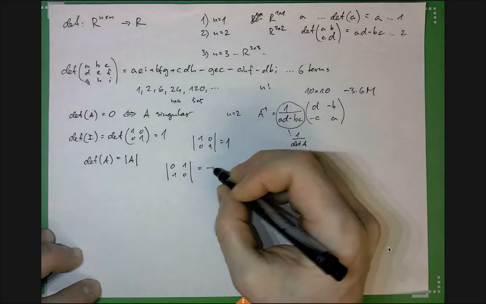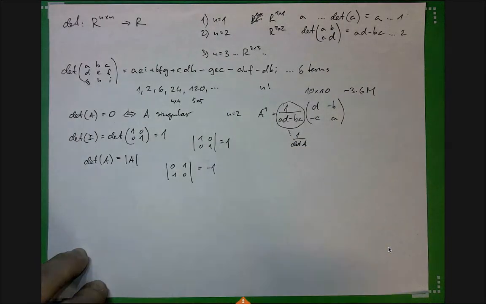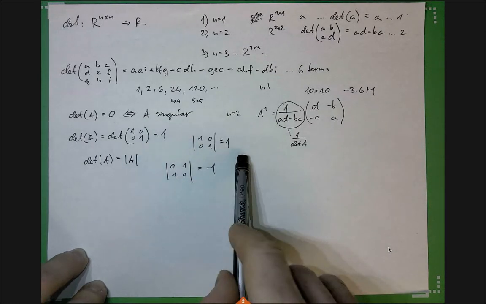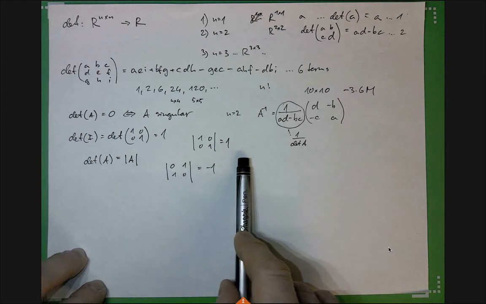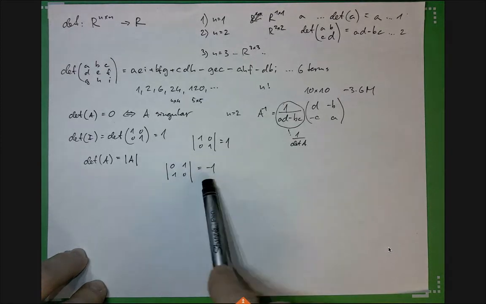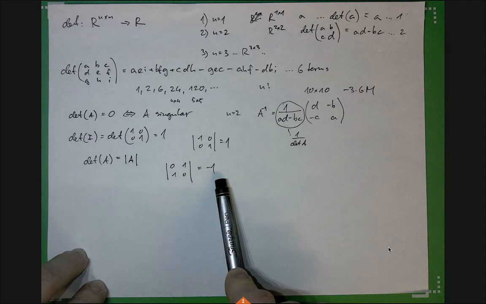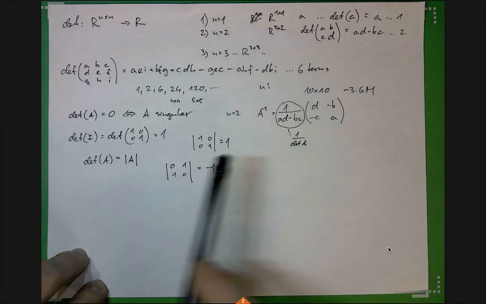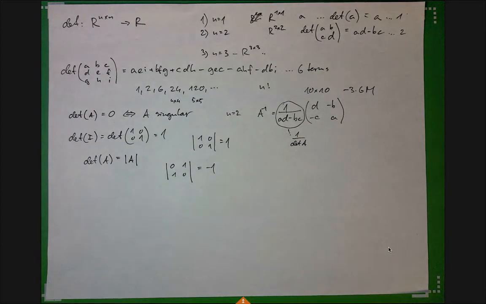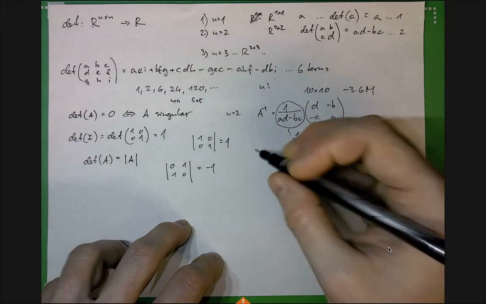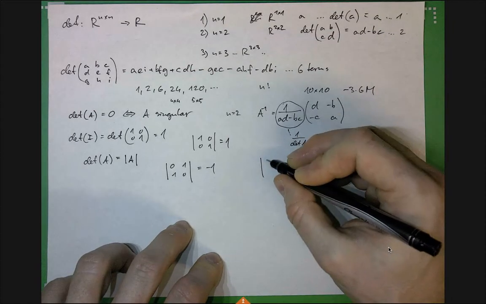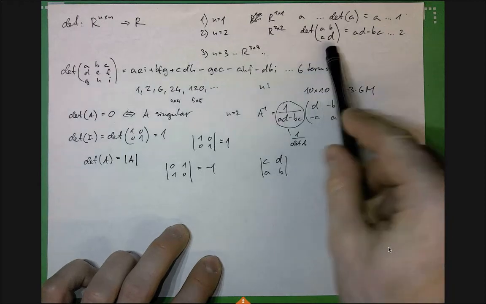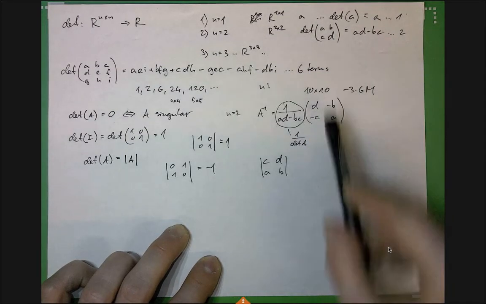-1. That's correct. So notice one property here. If I flip rows or columns in the 2x2 case, but we will see it also works in the n by n case, the sign of the determinant flips. If I switch the rows or columns, the sign flips. I can show that in general, right? Let's practice this notation a little bit more: the determinant of this matrix. I took my general 2x2 matrix A, B, C, D, and I flipped the rows.